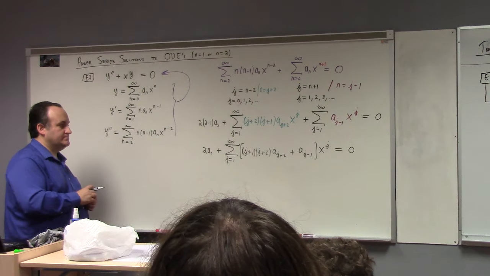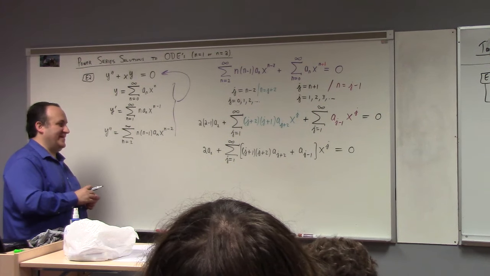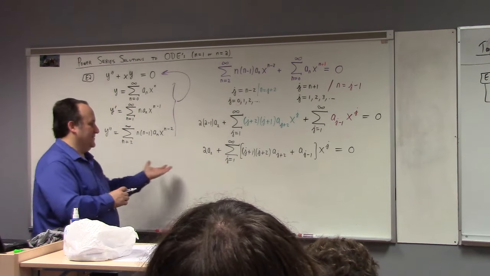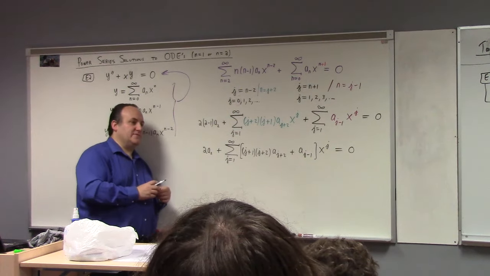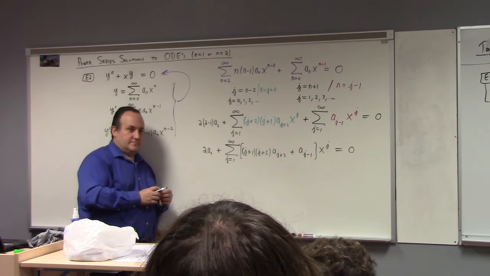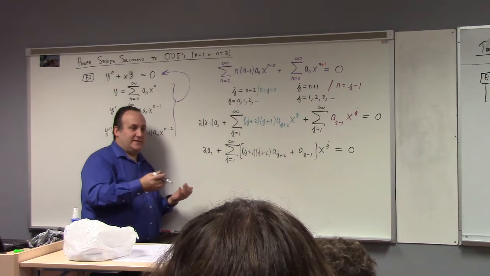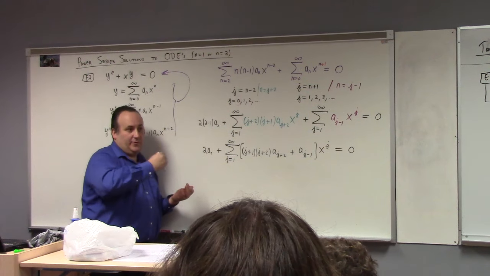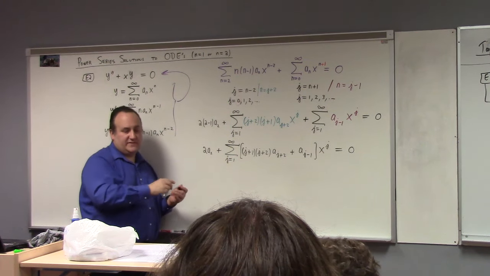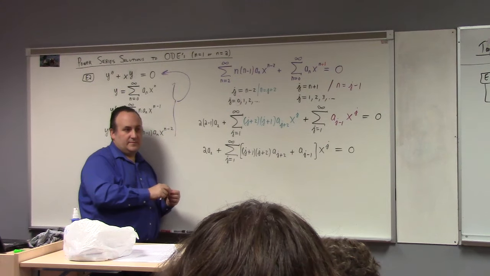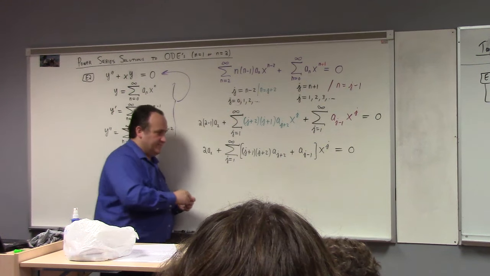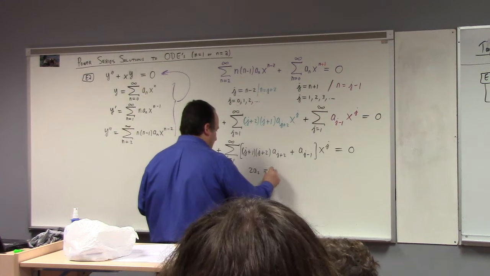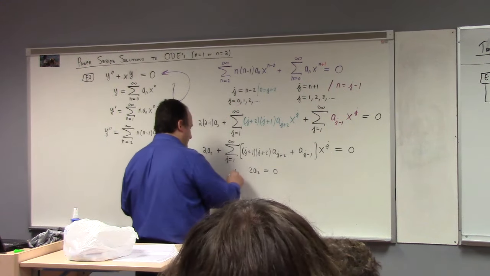We can shift indexes. Yes, this is an example of how we can shift indices, but why is this of importance to us? What does this do for us now? Now we have everything cleaned up, so we can clearly identify the coefficient of each power, and we can equate coefficients to 0. For example, we have 2a2 equals 0 from the constant coefficient.